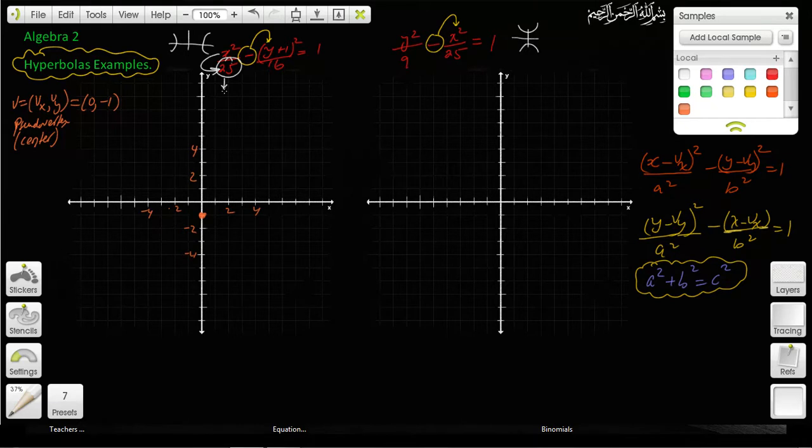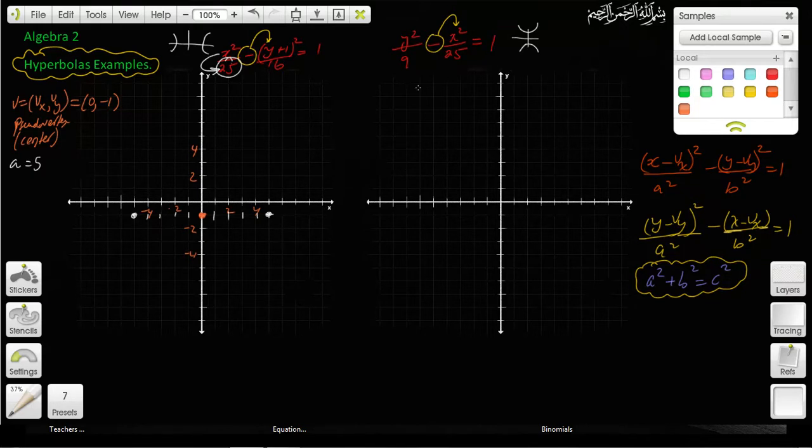I call it A. So A squared is 25, so A is 5. So I'm going to do 5 units from the center, 1, 2, 3, 4, 5 in either direction over here. So that's going to give me the two corners of the rectangle.